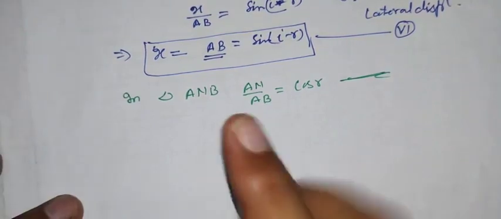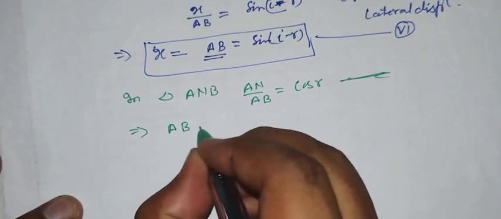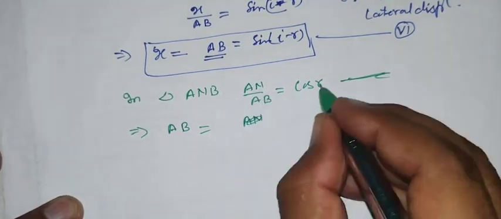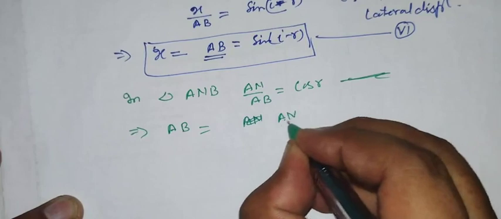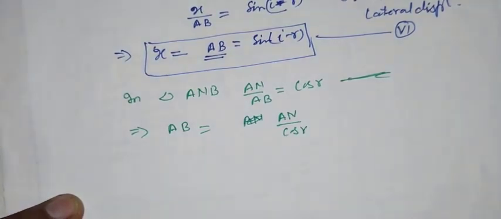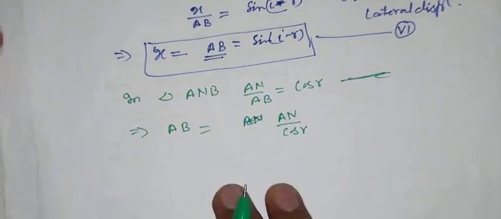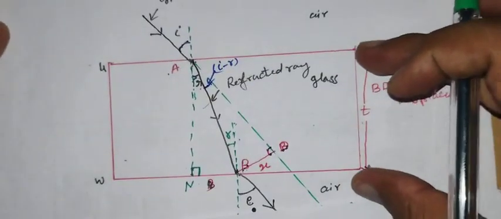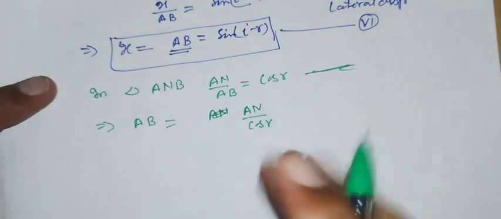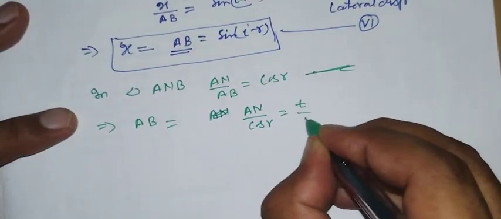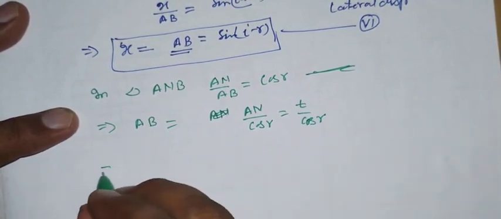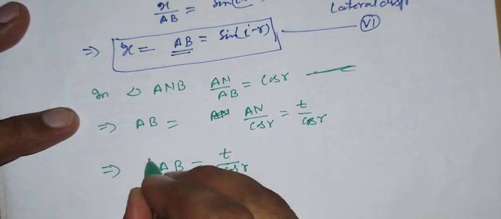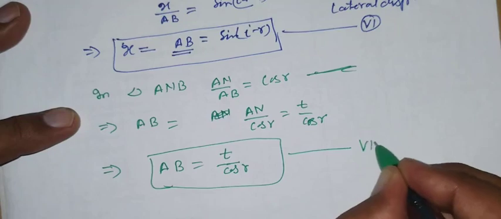This implies that AB is equal to AN by cos R. AN, see in the diagram, AN is equal to the thickness of the glass slab, T. So AB is equal to T by cos R. This is equation number 7.